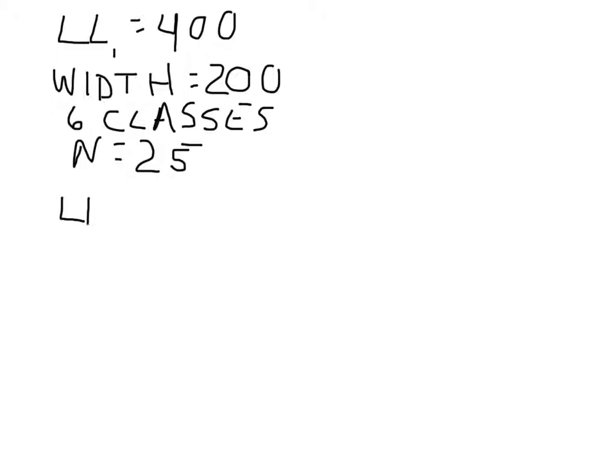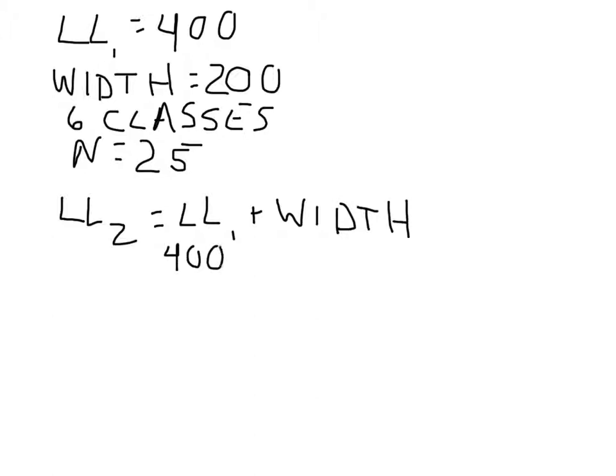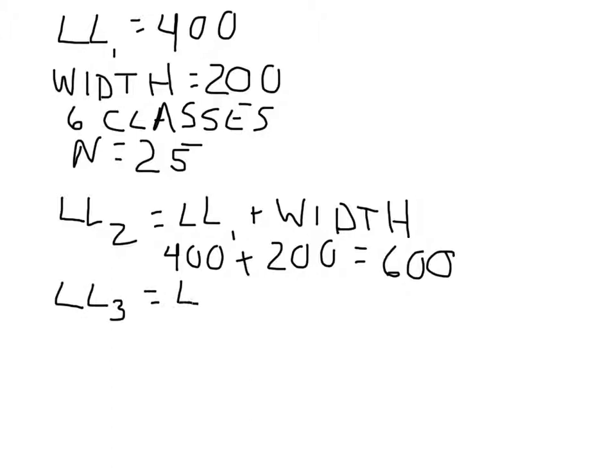I know to get lower limit 2, I take lower limit 1 plus the width. And that's going to be 400 plus 200, or 600. Lower limit 3 is lower limit 2 plus the width.